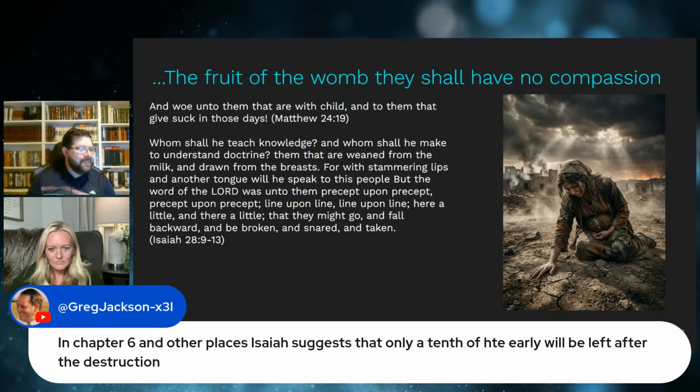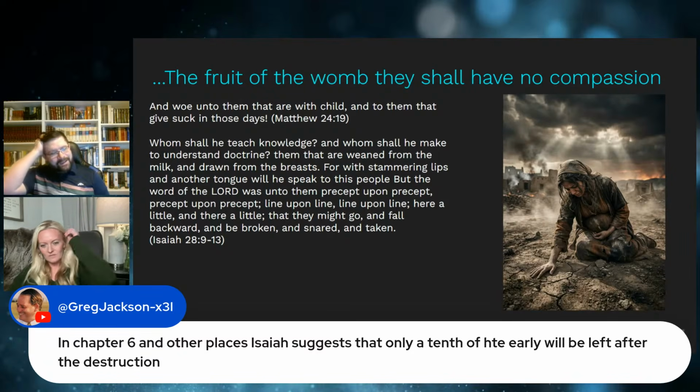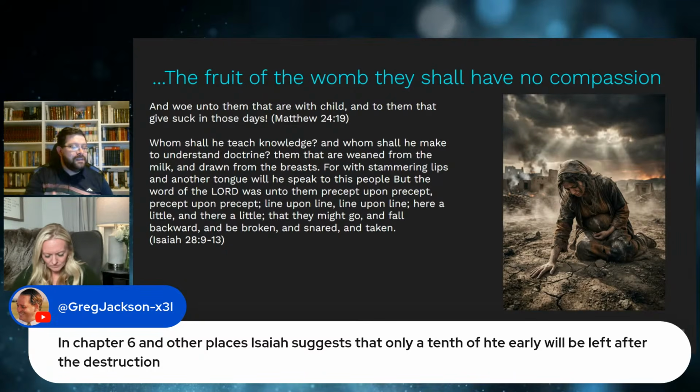And it says 6 in other places. Isaiah suggests that only 1/10 of the earth will be left after the destruction. In Isaiah's time, that was what happened to Judah: the Assyrians destroyed most of Judah, and there were only 2,000 men in Jerusalem, without counting women and children.